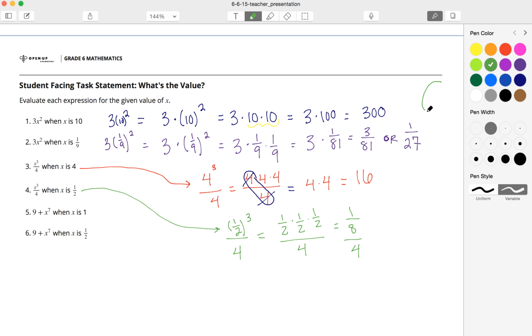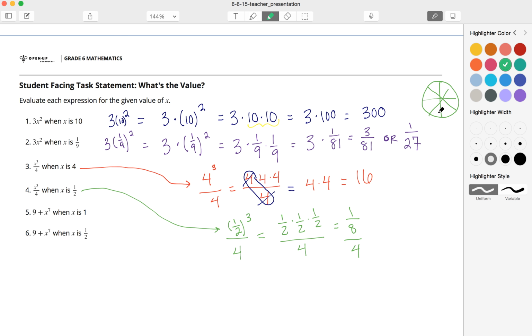So almost think about it like this. I have a pie that's cut into 8 pieces and I have 1/8 of it. I'm then going to cut this piece up into 4. Well, if I did it to this piece, I have to do it to all of them.